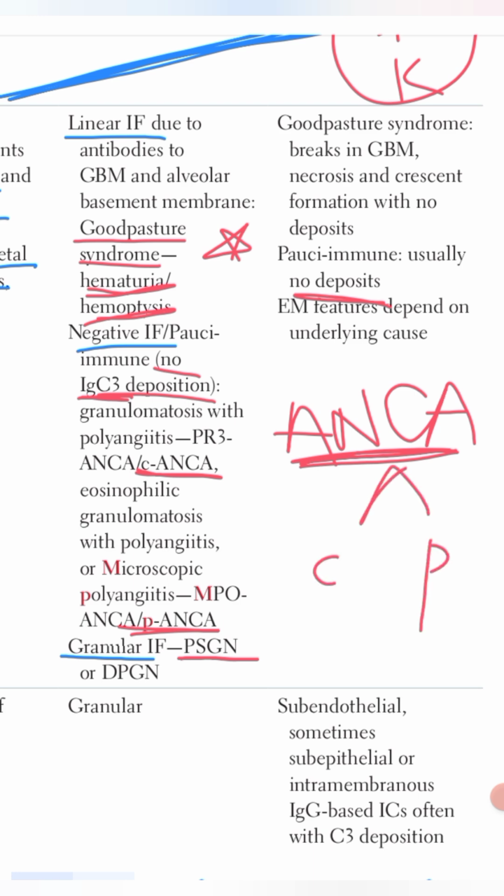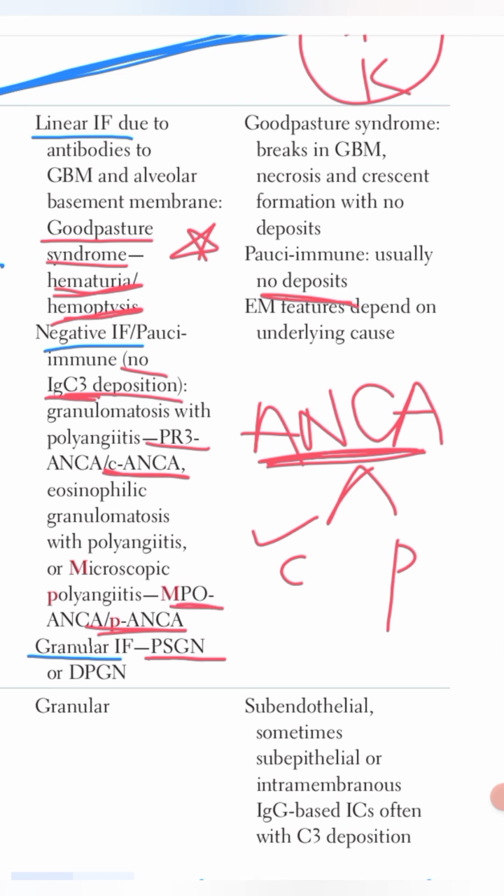So more than 90% of the idiopathic cases have C-ANCA, meaning cytoplasmic anti-neutrophilic cytoplasmic antibodies, now called PR3-ANCA, because the antibodies are specific for neutrophil granule protein proteinase 3, or P-ANCA. Now they are called MPO-ANCA, indicating the reactivity with neutrophil myeloperoxidase in the serum.